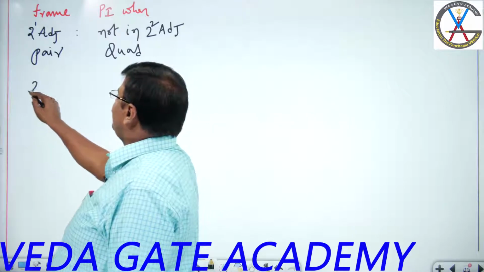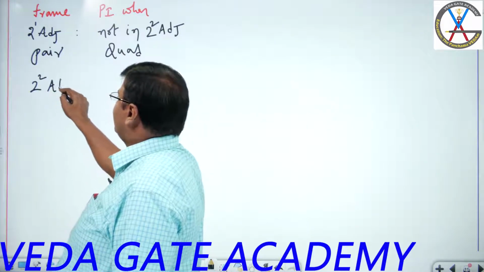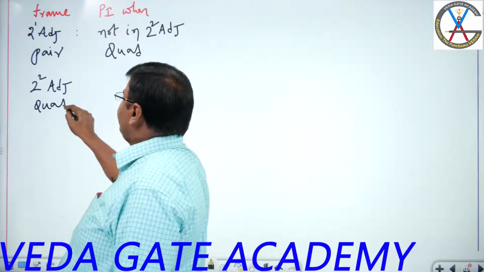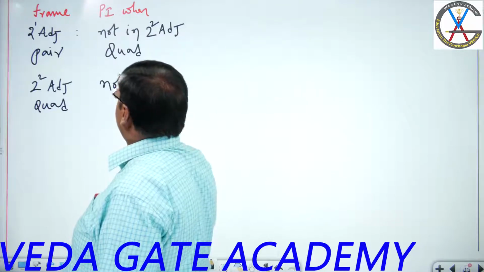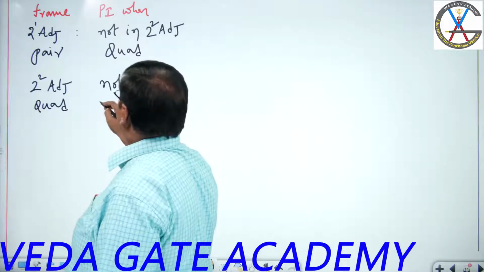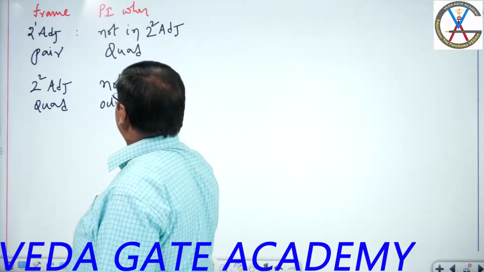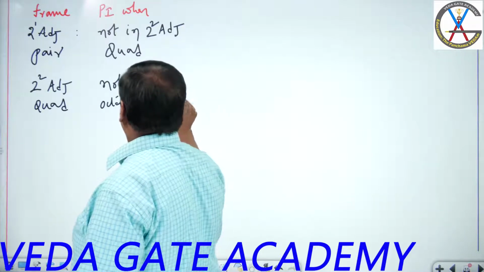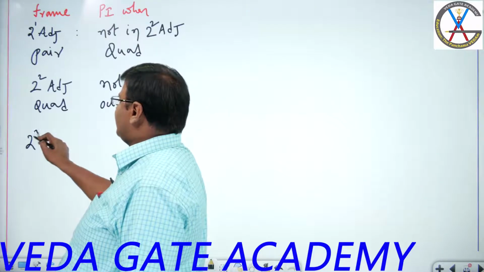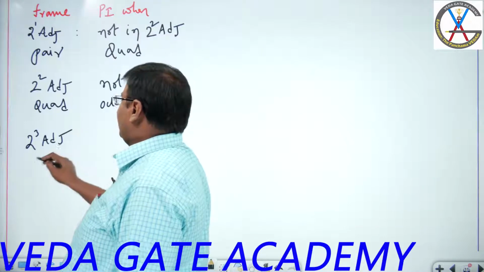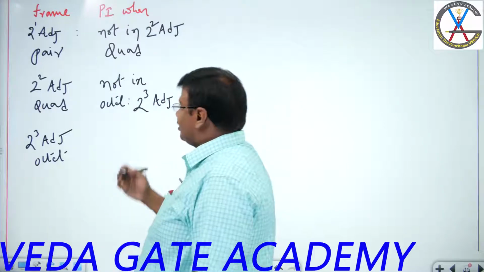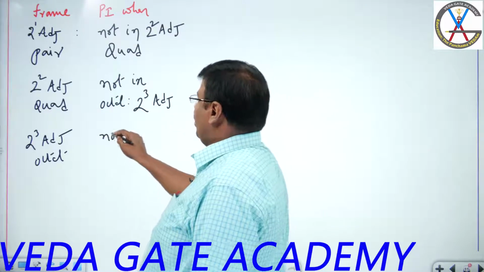Similarly, 2 square adjacency, so what is that? Quad. It is a prime implicant when not in an octet. Octet is 2 cube adjacency. An octet is a prime implicant when not in a hex.